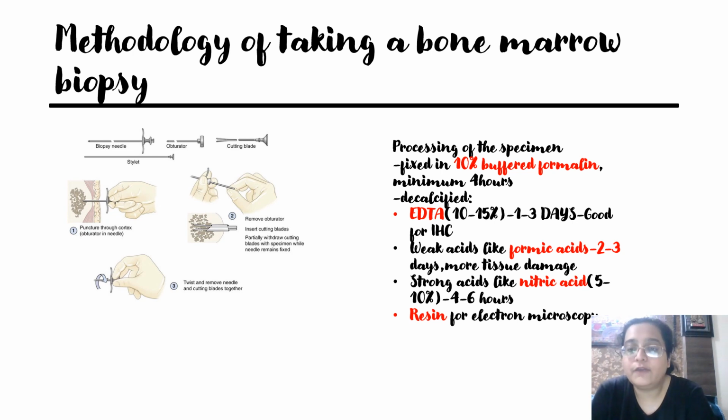In routine, when we are not suspecting that we will need to do IHC, because nowadays flow is enough for leukemia, we use weak acids like formic acid. It takes 2 to 3 days but damages the tissue despite being a weak acid. What we use here is nitric acid. It is a strong acid and takes 4 to 6 hours, and we dilute it to 5 to 10%.